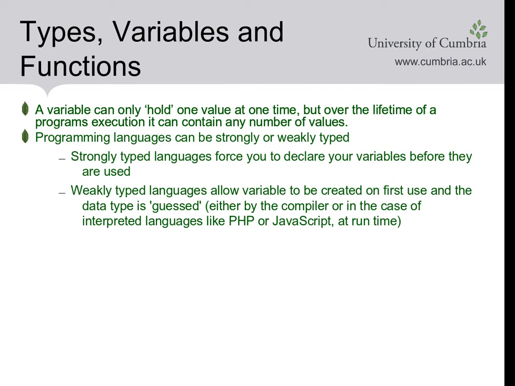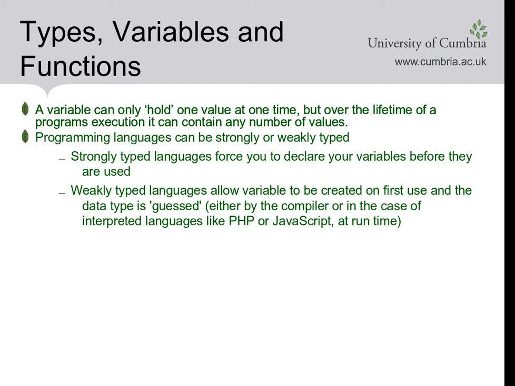There are, however, many weakly typed languages out there, and typically these are scripting languages like JavaScript, PHP, VBScript, things like that. But Visual Basic is also capable of being weakly typed.